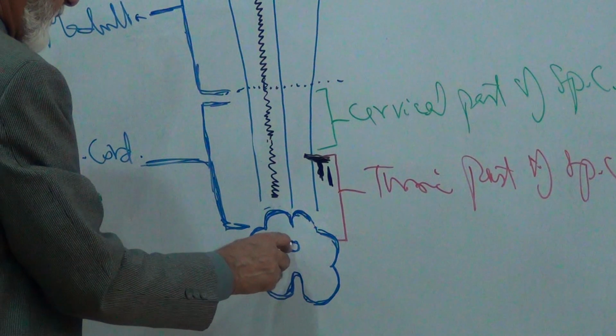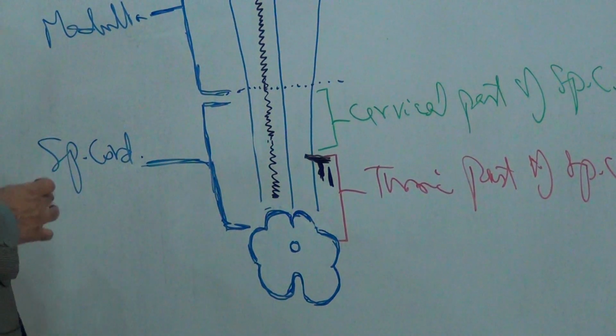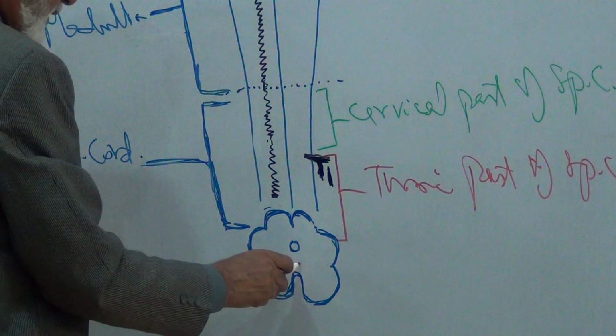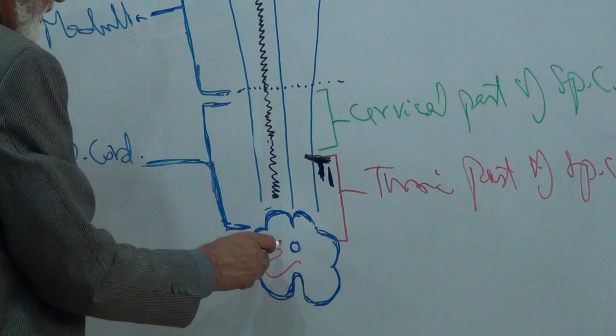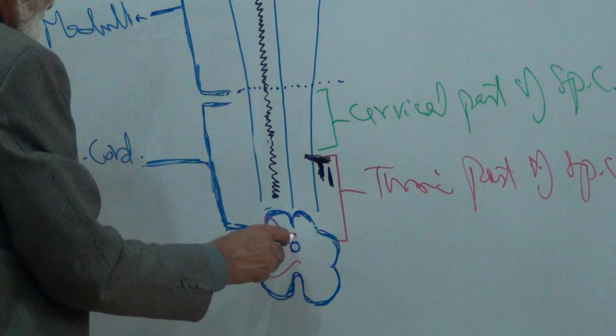Central canal. The gray matter in the form of anterior horn, lateral horn and posterior horn.